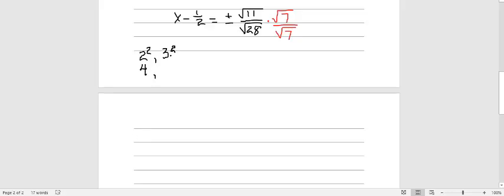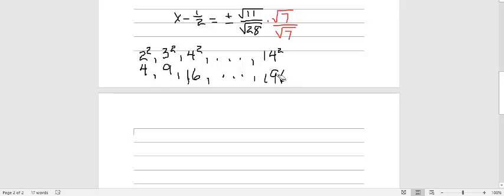Then I square 3, and I get 9. Then I square 4, and I get 16. So forth and so on. All the way up to, if I square 14, I get 196.